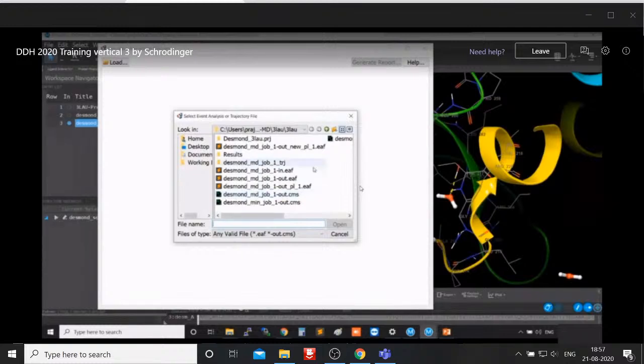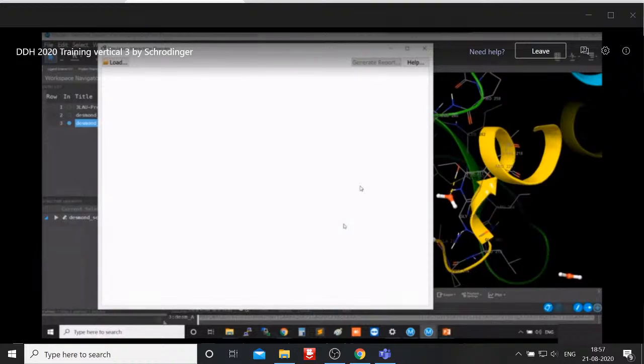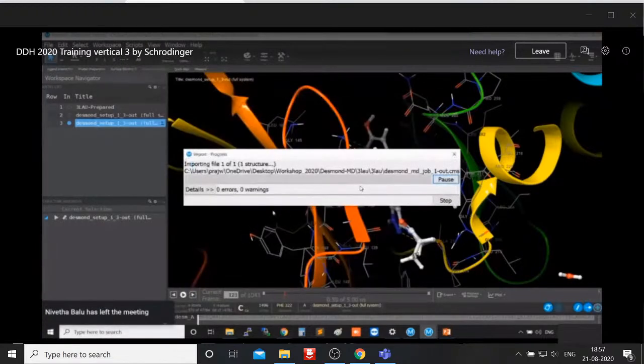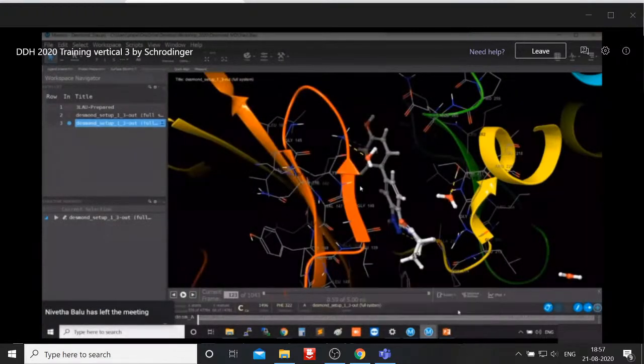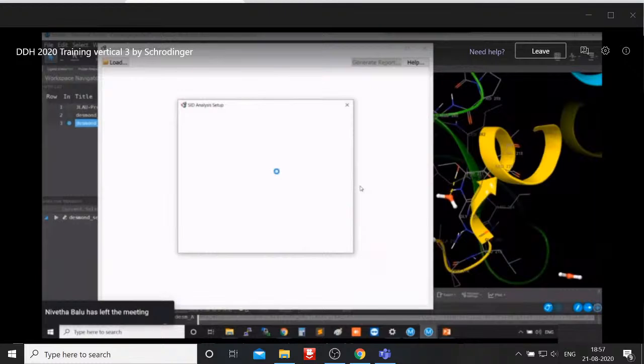For example, you just need to load this CMS file which is generated from the MD simulation output. Simply open that file in this panel, and it takes a minute to load, but it will show you what options are available for the analysis.